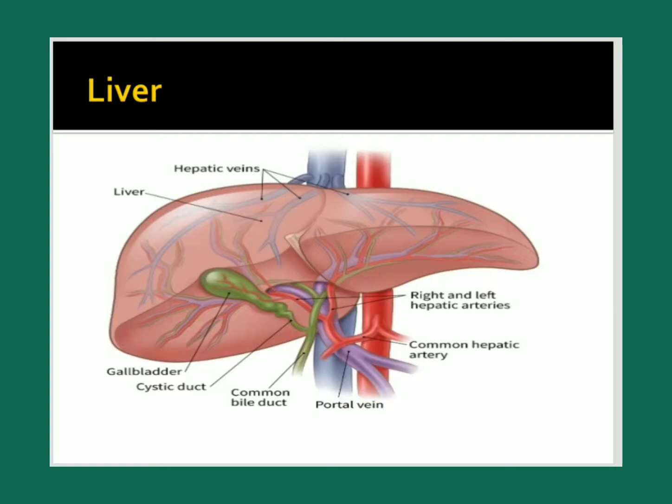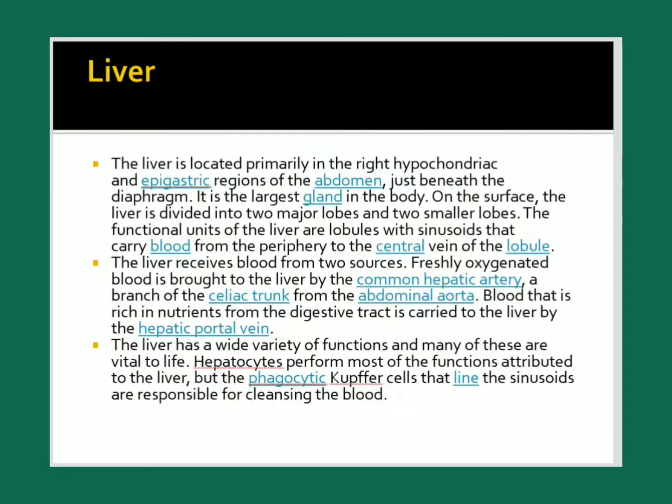These are very important in the structure of the liver. These cells help in different functions, so that's why we call it an important gland, and it is the largest gland in the body.